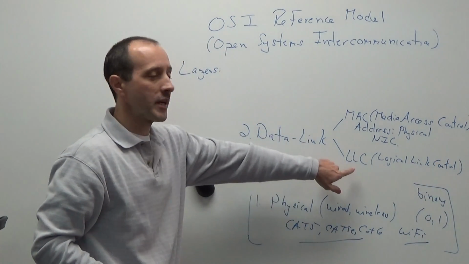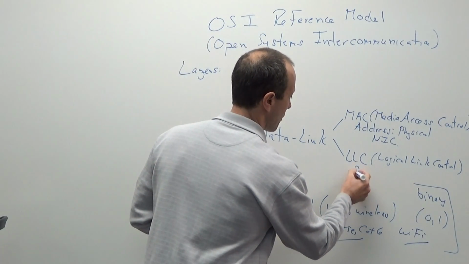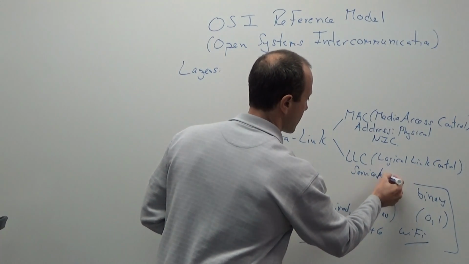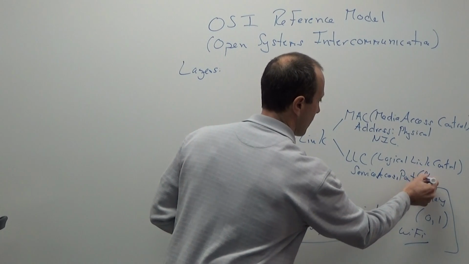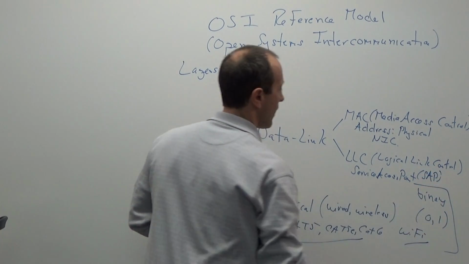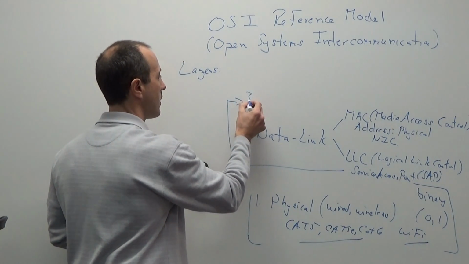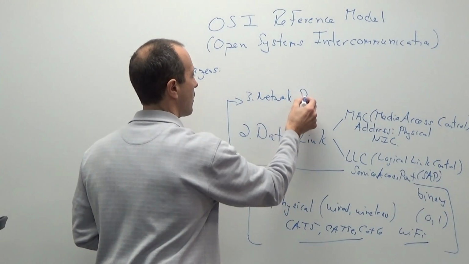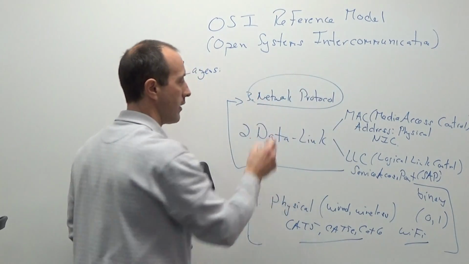Now, what the logical link control information gives us is what's called a service access point, or a SAP value. The SAP value actually references the type of layer 3 network protocol being used. But we'll get to that in our next session.